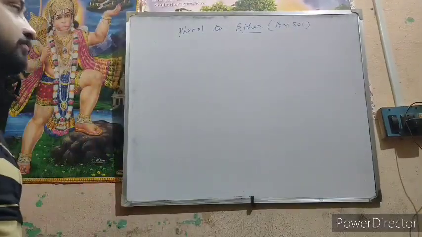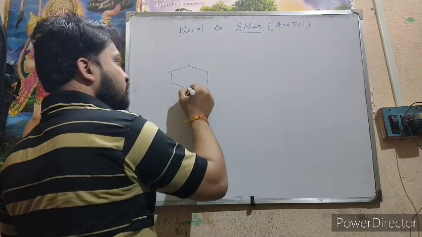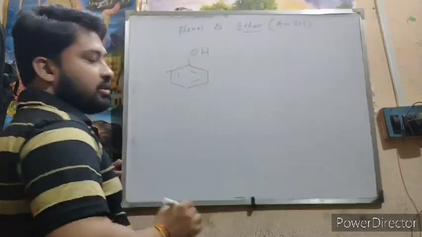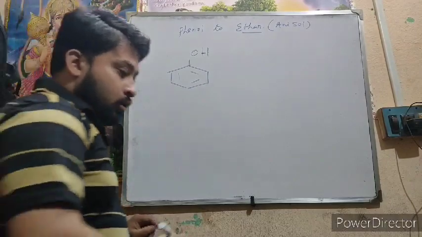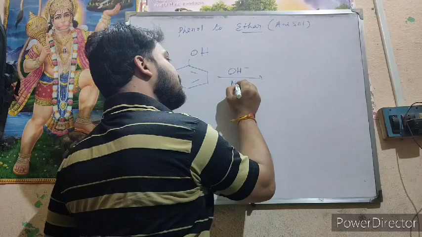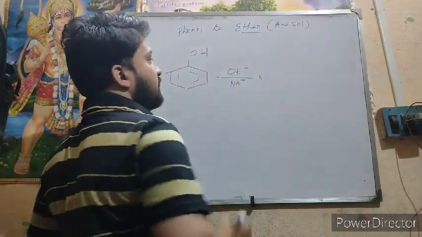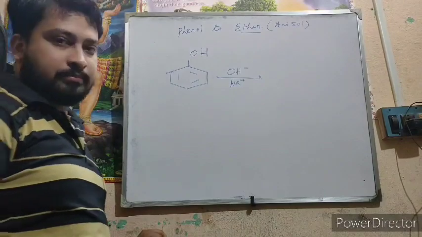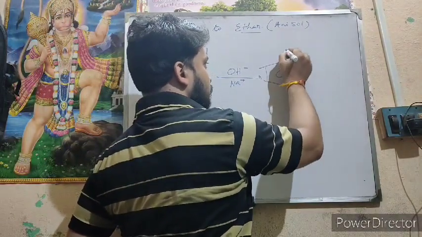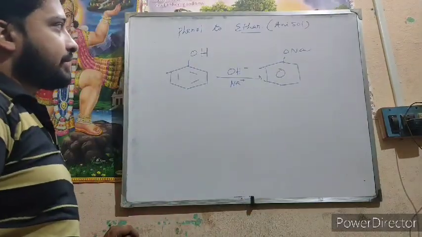Phenol reacts with NaOH to give sodium phenoxide, C6H5ONa.